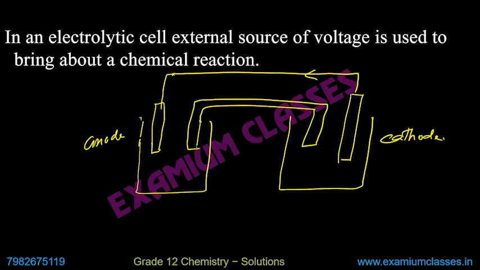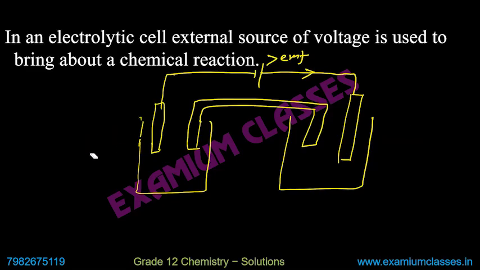So this is a galvanic cell. But suppose you have a battery here, and in the opposite direction you apply a voltage greater than its EMF. Then the direction of current will change and the reaction will also change. The reaction will be reversed.